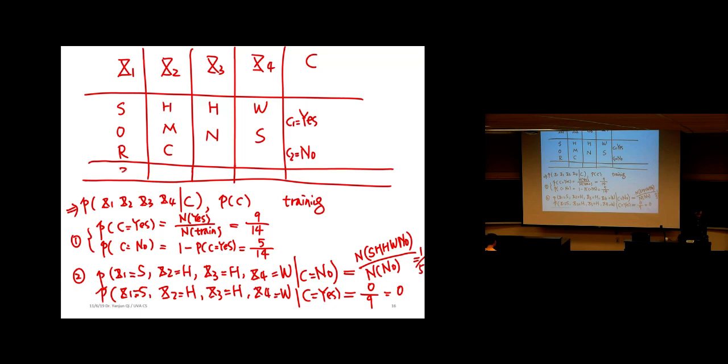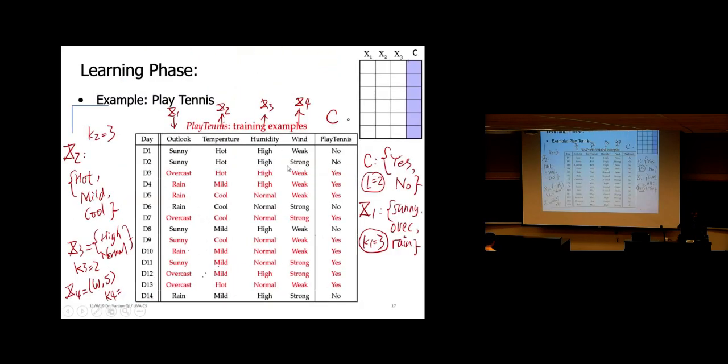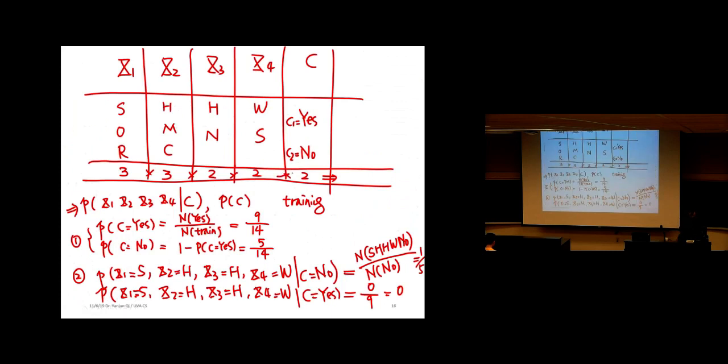The first x has 3 kinds, the second x has 3 kinds, the third has 2, then 2, and then 2. So the total number of cases is 72. This is actually our parameter count to estimate.